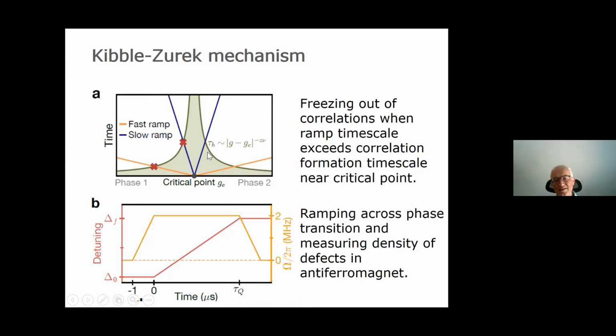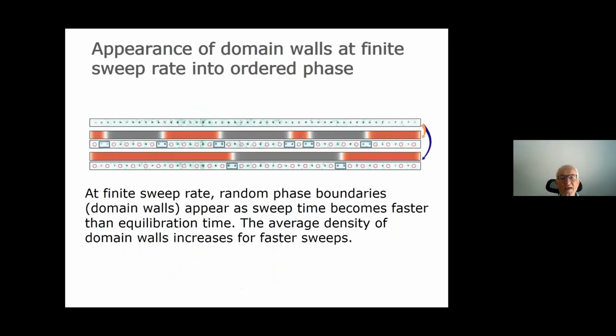There's a predicted relation between the density of domain walls, how often we have errors in our system, and how fast we ramp. At finite sweep rate, random phase boundaries appear because at some point the sweep time is faster than the equilibration time over the whole system.